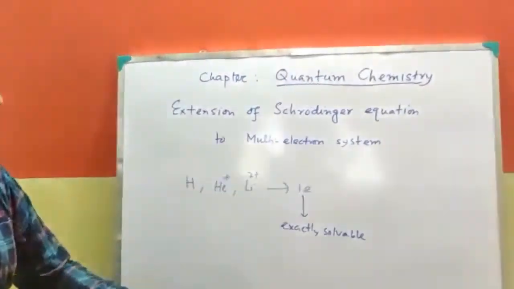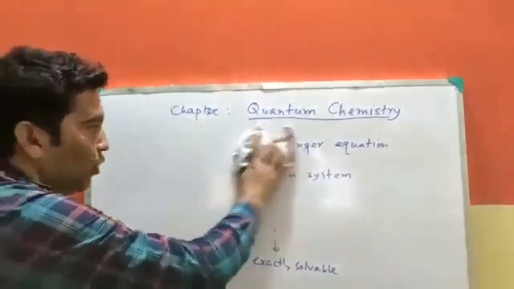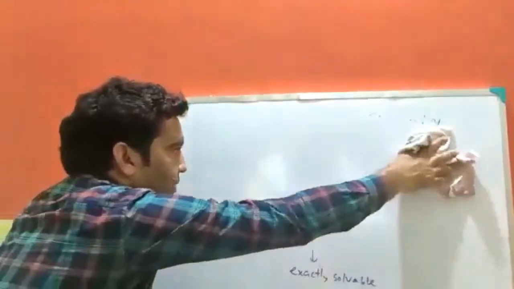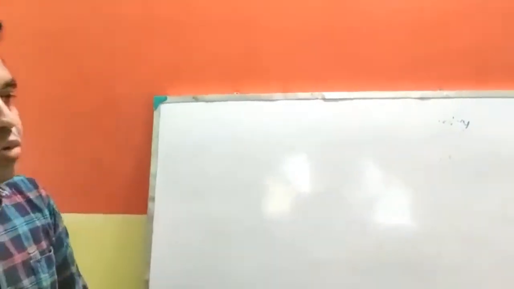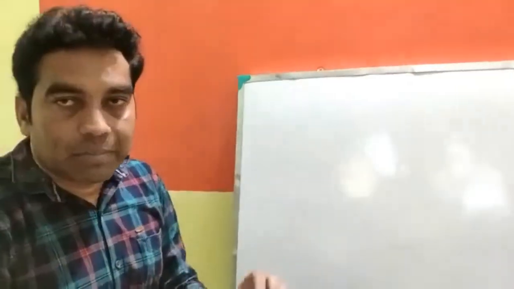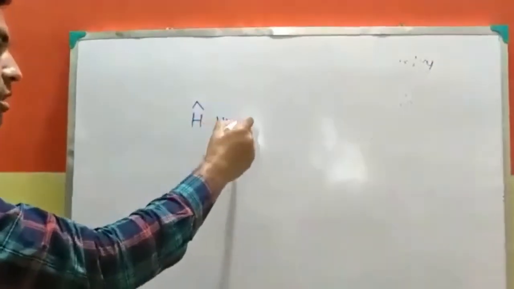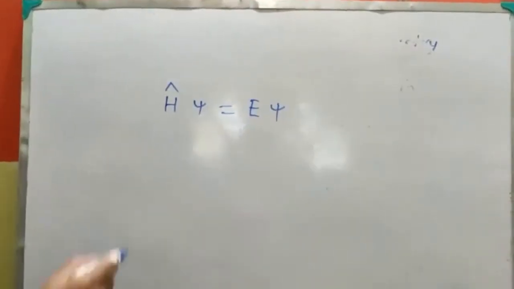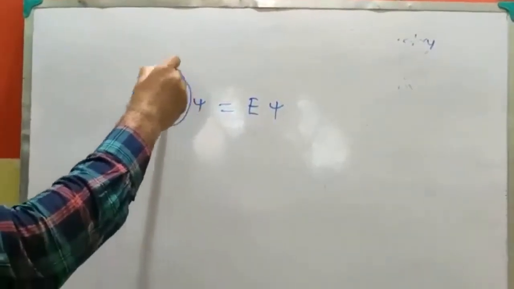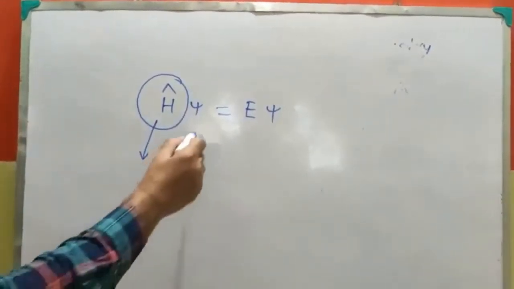Now before going to solve the Schrodinger equation for a multi-electron system, it is required to write the appropriate Hamiltonian for the system. We know this is our Schrodinger equation, H psi is equal to E psi. So for a multi-electron system we have to first write the Hamiltonian and the wave function.